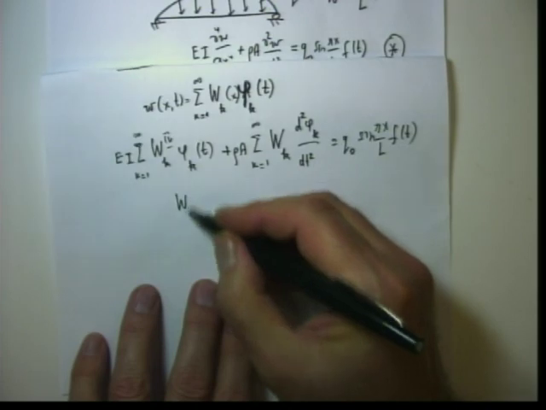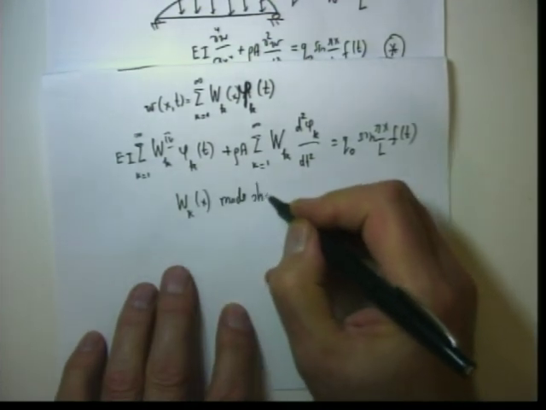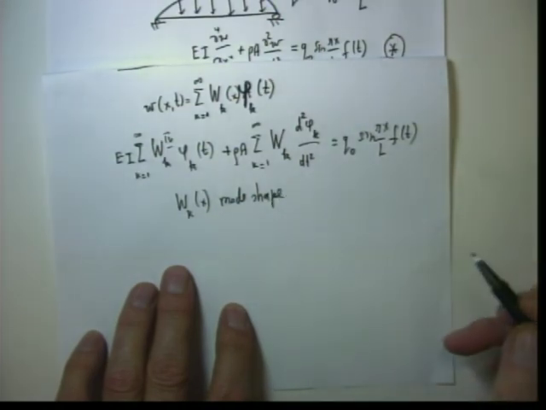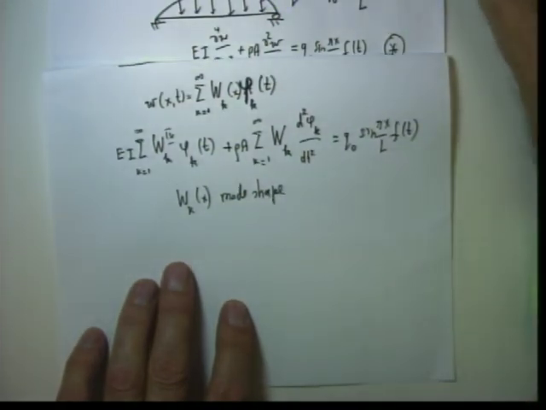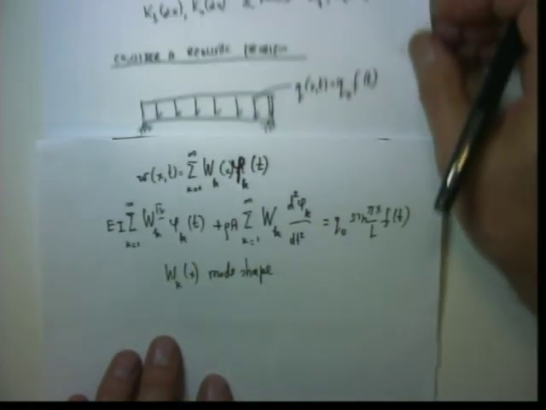Now, wk of x is a mode shape. Now, what does it mean that it is a mode shape? It satisfies this equation.